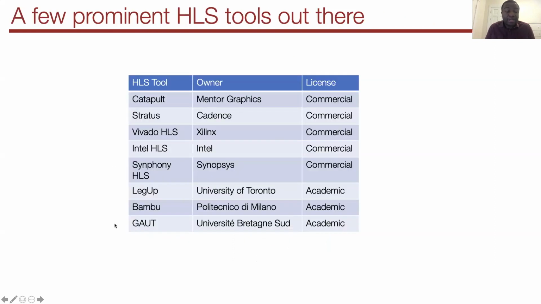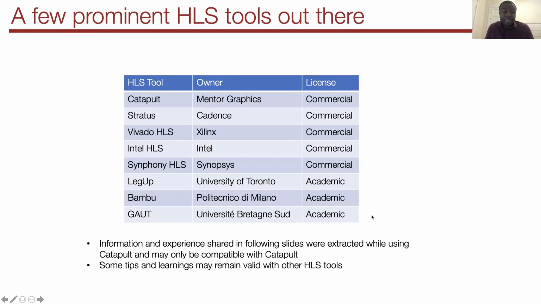This is a non-exhaustive list of HLS tools out there. As you can see, many tools offer commercial licenses, and some offer academic open source free licenses. I should preface the rest of my talk by saying that much of the information that I'm about to share was done using Catapult, and therefore some information may not be compatible with other HLS tools.